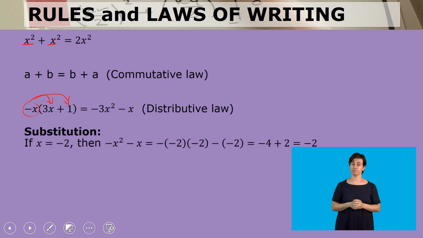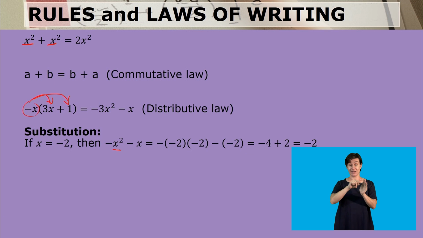Then the next part is substitution. The question would be, if x equals negative 2, then negative x squared minus x will be equal to negative. In brackets, we have negative 2 multiplied by negative 2 representing x squared, and then minus negative 2, which is the x.